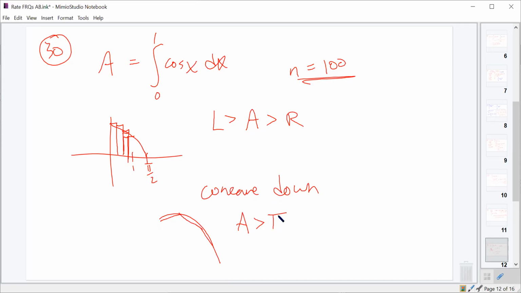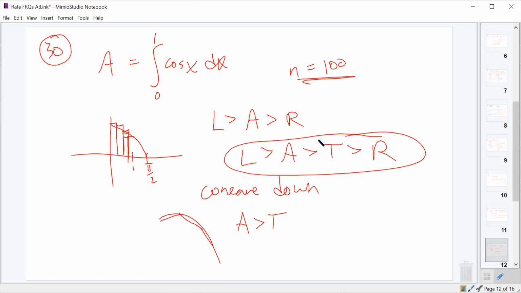We know the trapezoidal approximation will be better than the right rectangular approximation. So we should be able to say that L is greater than A is greater than T is greater than R. And of course, they wrote them the other way. But still looks like that's choice D, right? They wrote R is less than T is less than A is less than L.